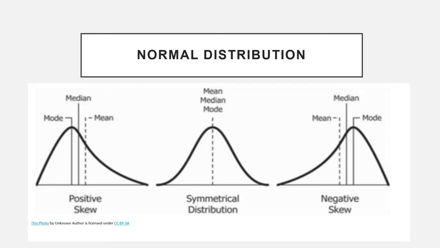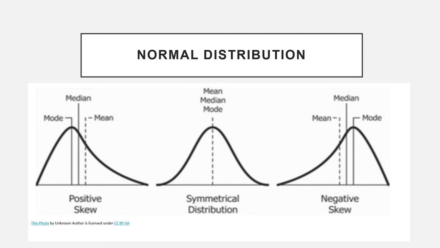So for the normal distribution, in the module, I think there are four. You have the one on the left, which is positively skewed, wherein the mean is greater than the median and the mode is less than the median.